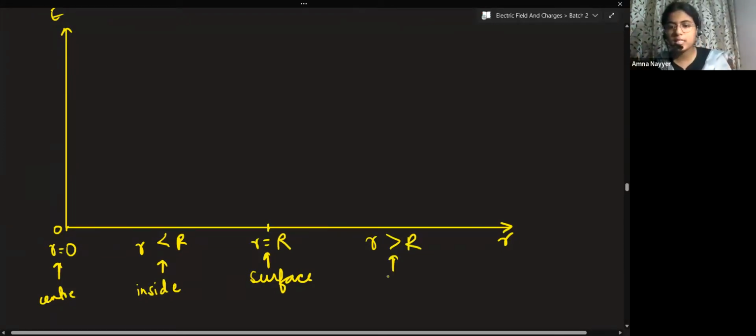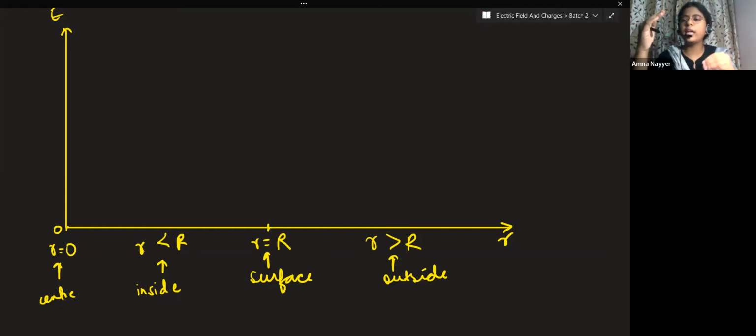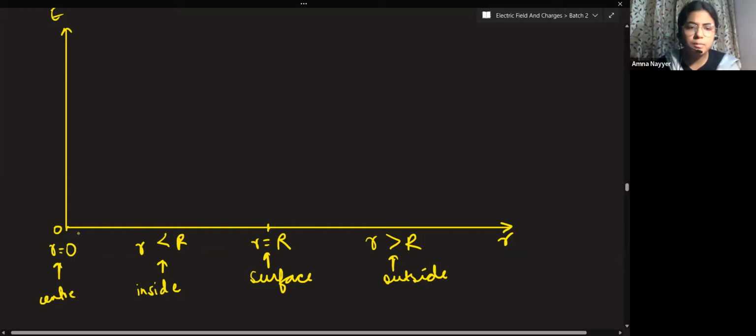So this is lying outside. That's how I have considered all the points. This is the center. This is the surface. So why the surface? Because small r is equal to capital R. If I take any point between the center and the surface, that will mean the point is lying inside. So this portion shows inside, and above capital R, it means outside.